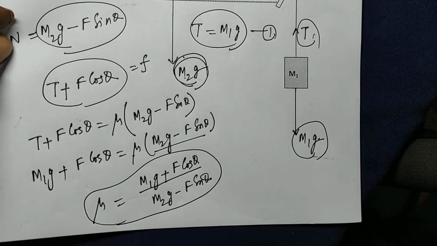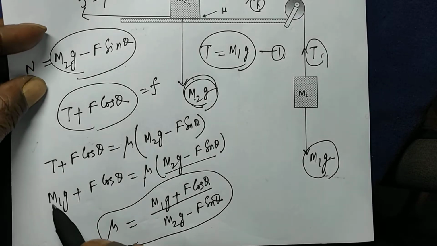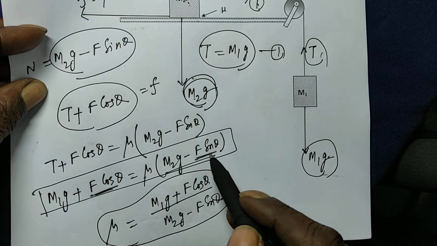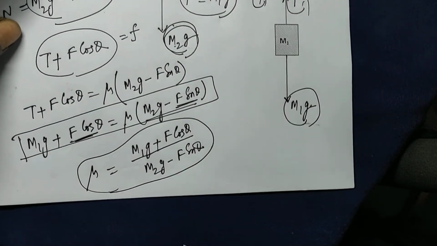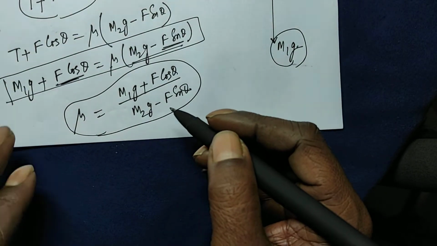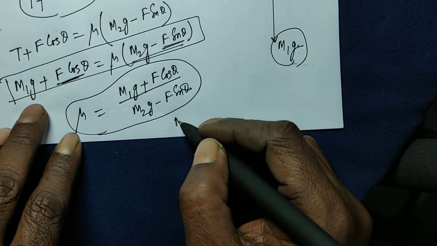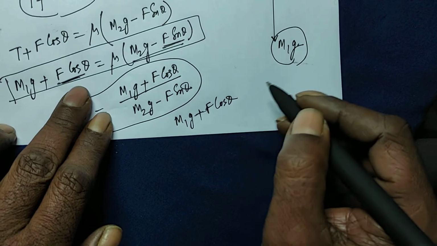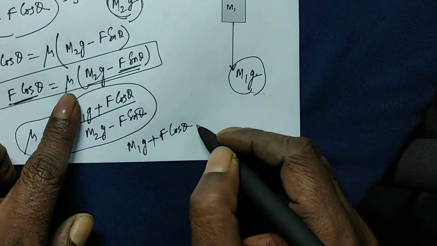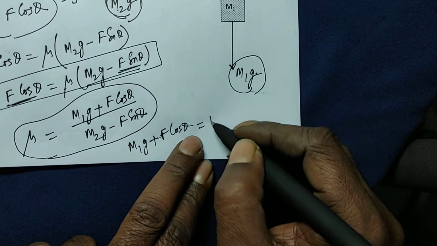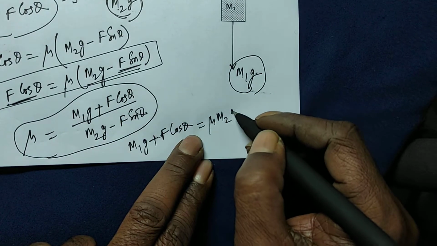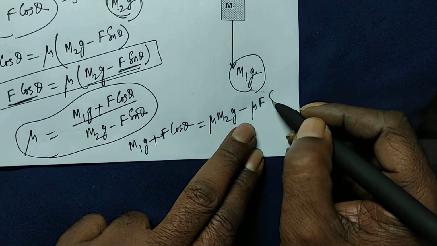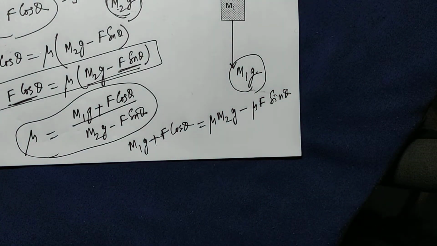Now, they might ask you what is the force? Then from this expression, the F term is here, the F term is here, you have to bring them to one side. Let me write it here. M1g plus F cos theta is equal to mu M2g minus, mu will be multiplied here, mu times F sin theta.